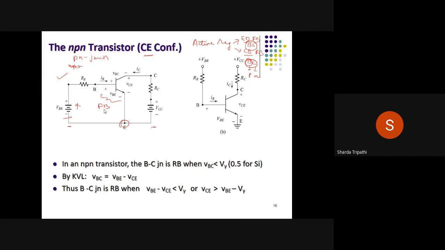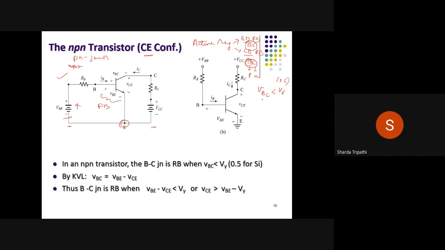Then what about the other junction? For the other junction to be reverse biased, the voltage drop across it, that is VBC, should be less than the cut-in voltage V gamma, whose value is 0.5. We already saw from the input characteristics that whenever the potential drop across the junction is less than the cut-in voltage, then for practical purposes, we can say that the junction is reverse biased.